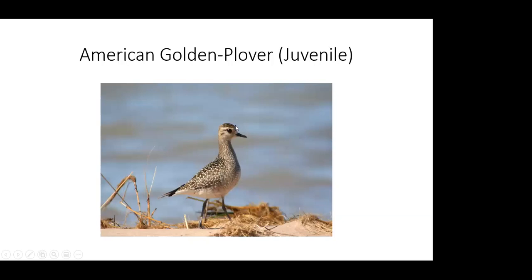And the same with the young juvenile. The cap is a lot more distinct, and that eye stripe makes a big contrast. And then sometimes, even on the juvenile, you might be able to see a little bit of yellow tinge or golden flecking on a juvenile bird.